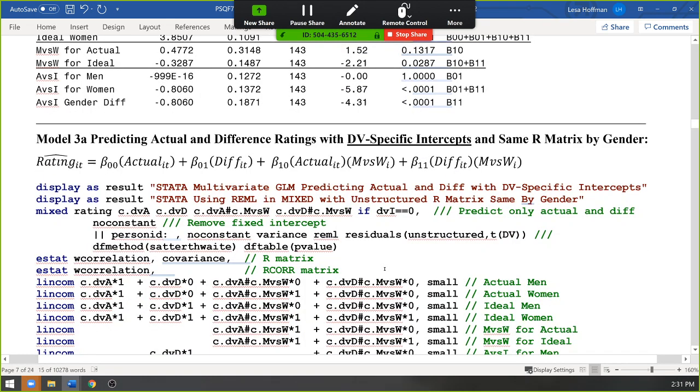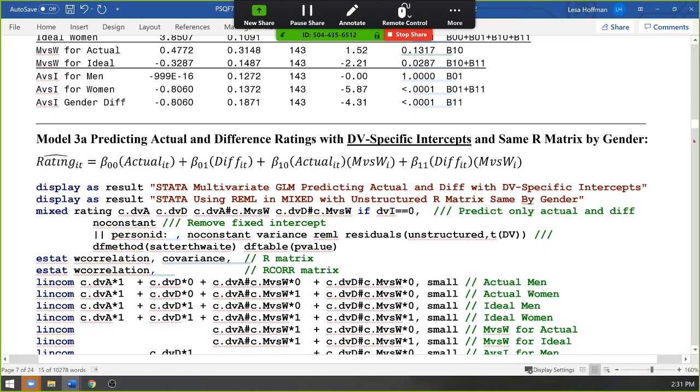Let me show you lots more variants. The next variant is for reviewer 3. This is going out to you, reviewer 3, who made this handout possible. I'm going to put in the difference now as an outcome. I'm going to predict a difference score.